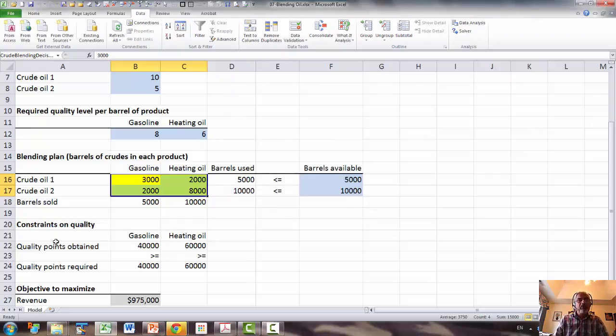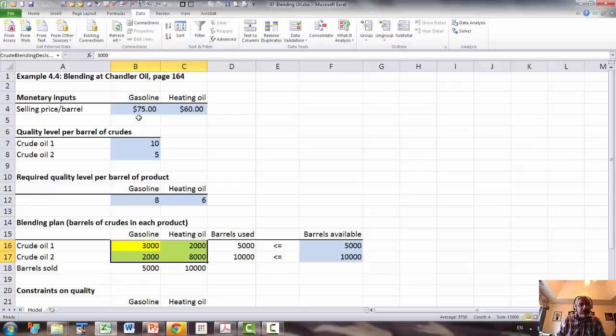Okay, now we're going to do SolveTable, sensitivity analysis. What if the selling price of gasoline, $75 is the current price, and we want to do a sensitivity analysis for that.